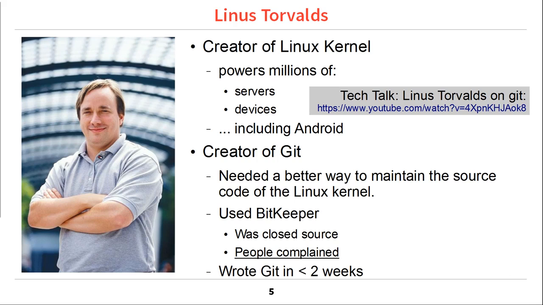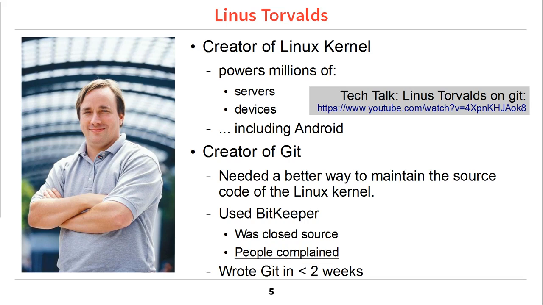Now, to understand where Git comes from, we must first talk about Linus Torvalds, the creator of Git. Linus Torvalds is most well known for being the creator of the Linux kernel, which powers most servers worldwide, all Android devices, and a plethora of other devices. In his role as the developer and maintainer of the Linux kernel, he needed a system to maintain the versions of the code that he was using.